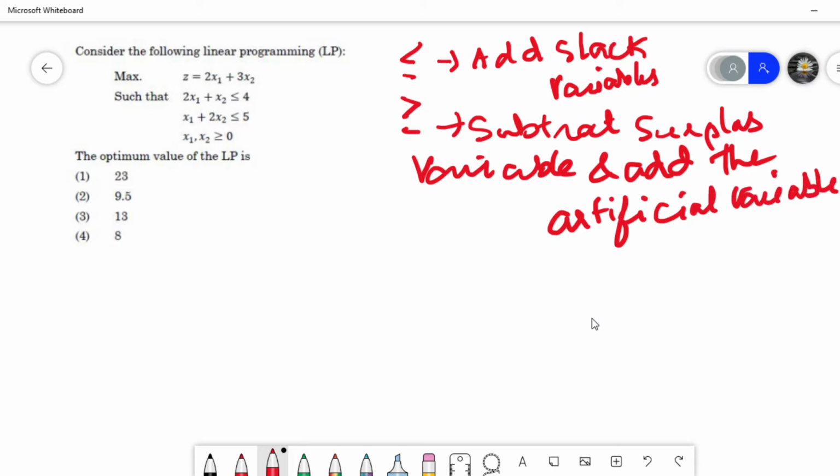So in the problem, the given two constraints are of less than or equal to type. So we are going to add the slack variables here.